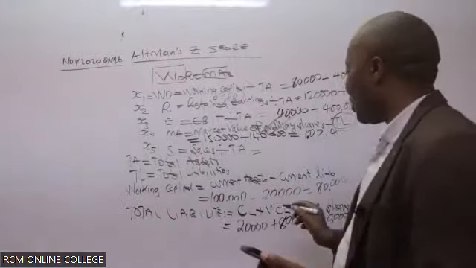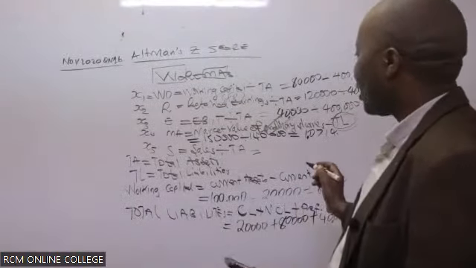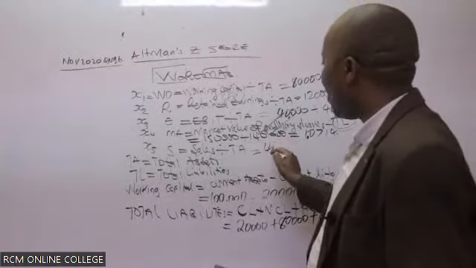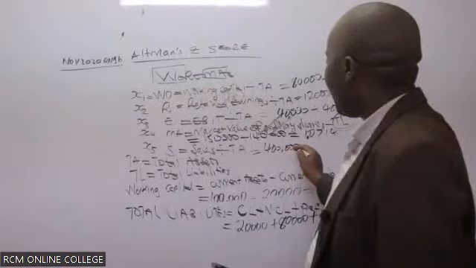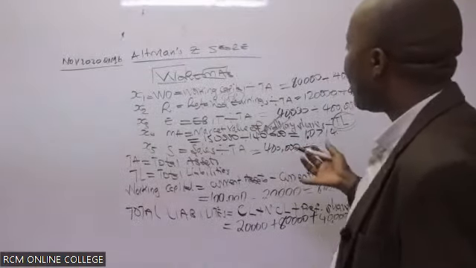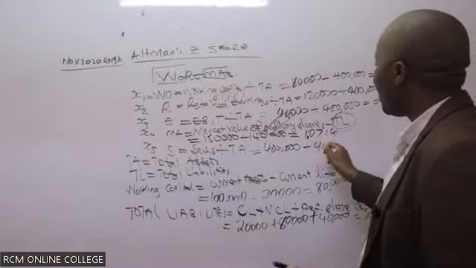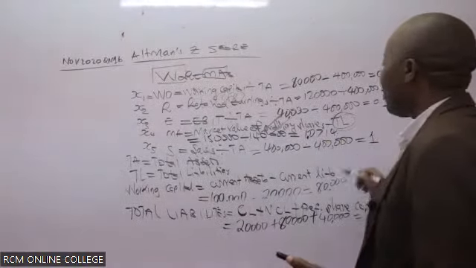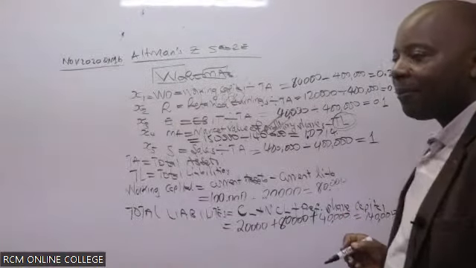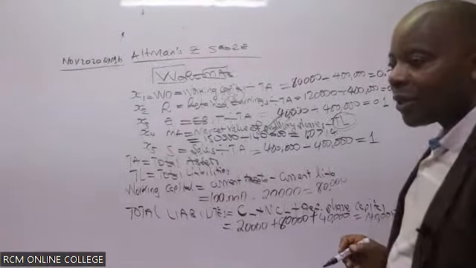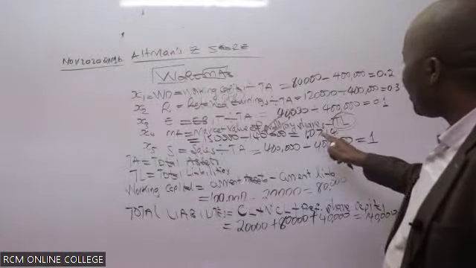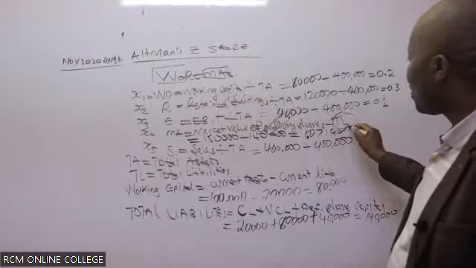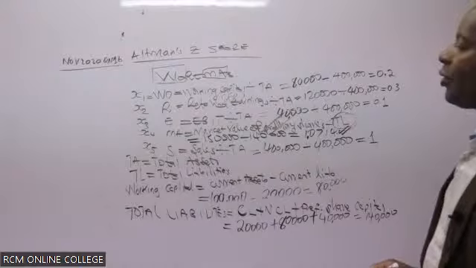Sales is 400,000, divided by our total assets, which in this case were 400,000. So this one would end up giving me what figure? 1. Thank you very much.